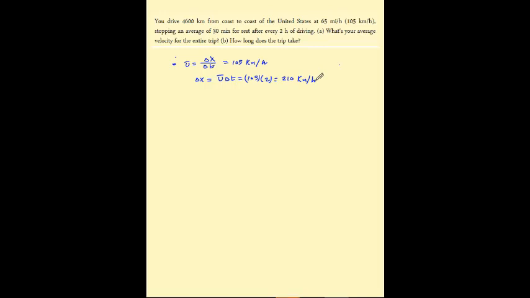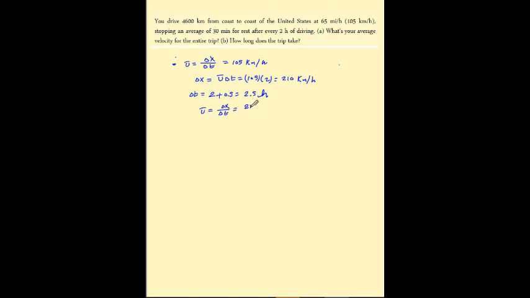Now the actual time interval here is not only 2, but it is 2.5, because for each 2 hours of driving time we have 0.5 hours stopping time. So delta t in this case is 2 plus 0.5, which is 2.5 hours. And so the overall average velocity for the driving time and the stopping time is delta x again over delta t.